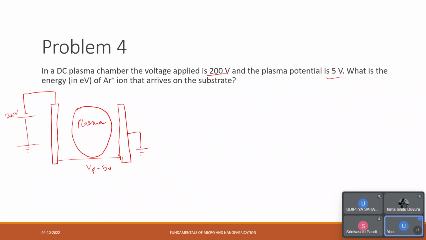Okay, so that essentially is the question. So positive ions will be created here, and they will be pushed through this zone and come to this. So this is the kind of breakdown of the question.